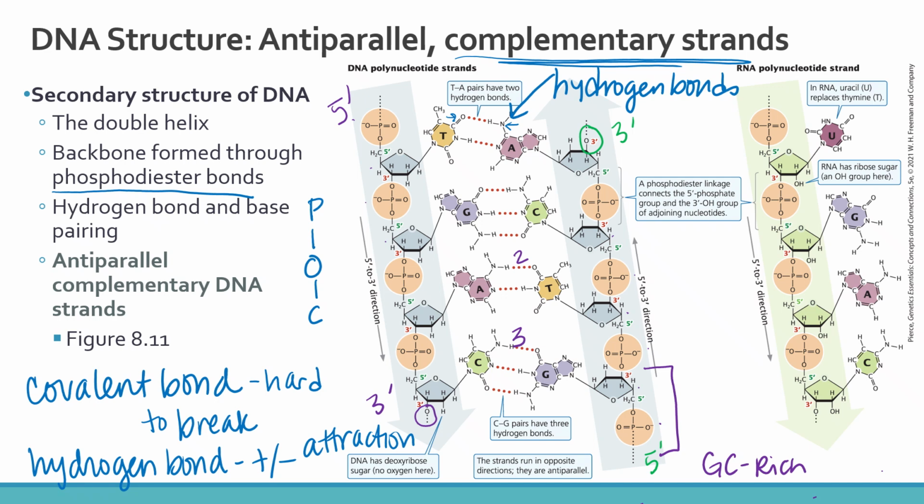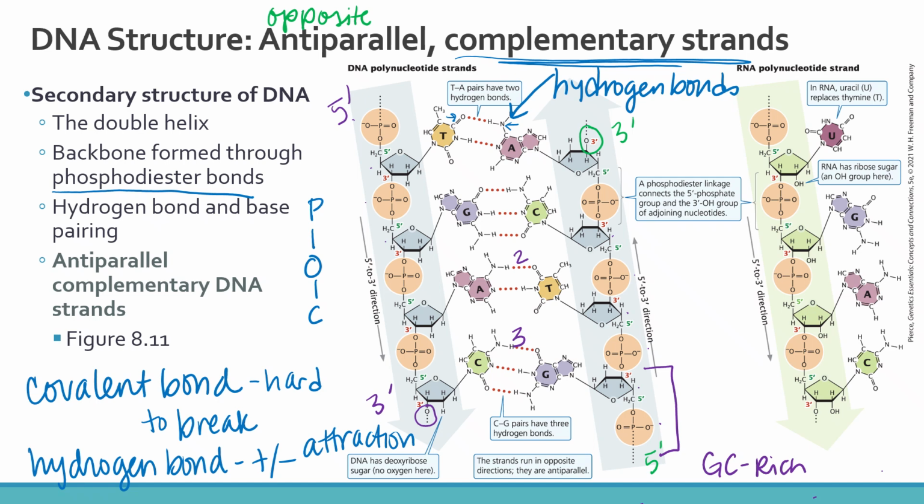So anti in this case, we can think of as opposite. And parallel means they run next to each other, but they never intersect. So they are parallel to one another, running next to one another, but they run in opposite 5' to 3' directions.